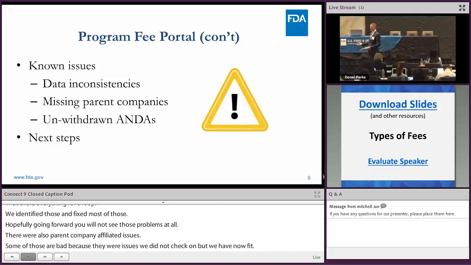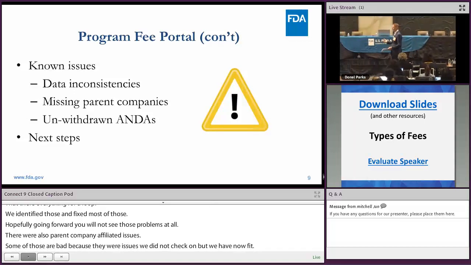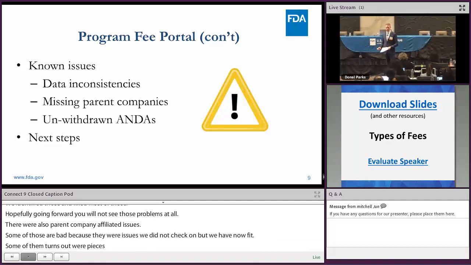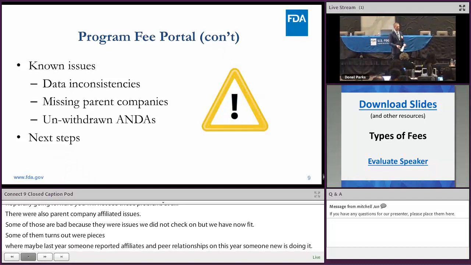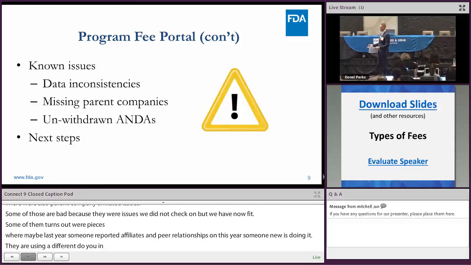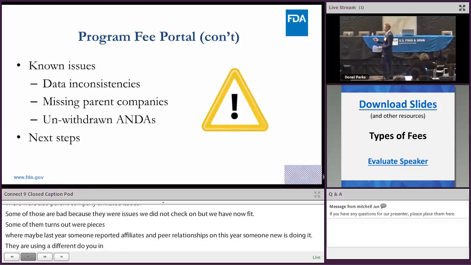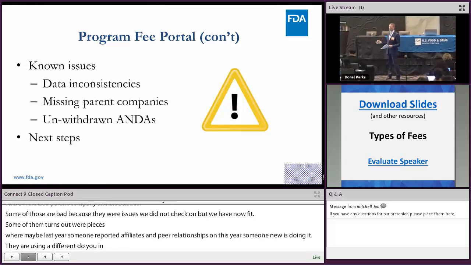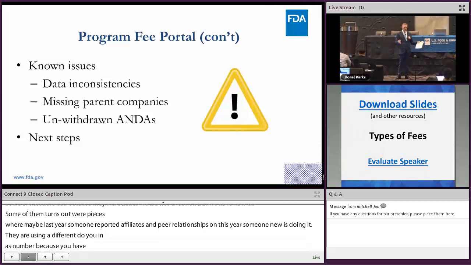And then this year someone new is doing it, and they're using a different DUNS number because you have multiple DUNS numbers. And so when they go into the portal looking up their DUNS number, the one from this year that they think is correct, and it's actually correct, it's just not the same one as was reported last year, it doesn't work with the data that's shown in our system. So when you look at the portal, it looks like something is not working right. But in fact, it's just that we have different data from the company.